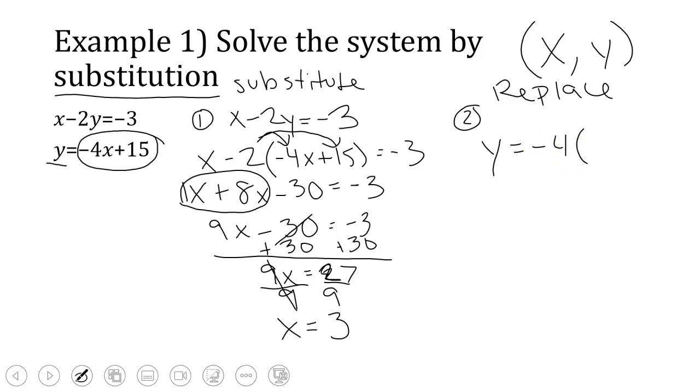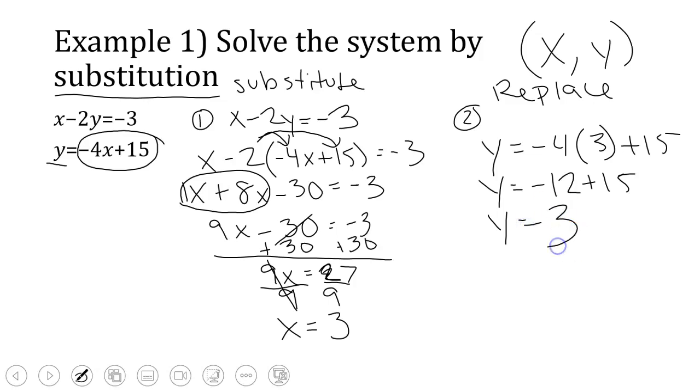Instead of x, plug in that 3, replace x, and solve. So negative 4 times 3, negative 12 plus 15, y equals positive 3. So your final answer is 3, 3. We write it as a point.